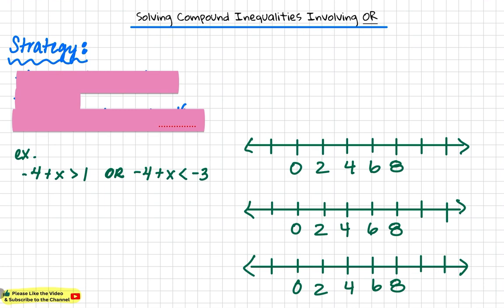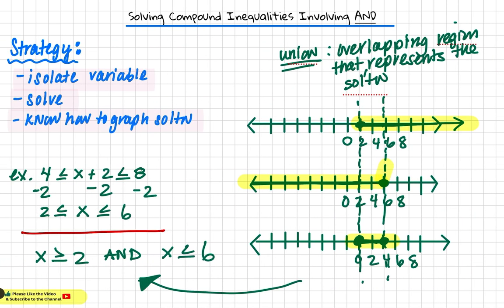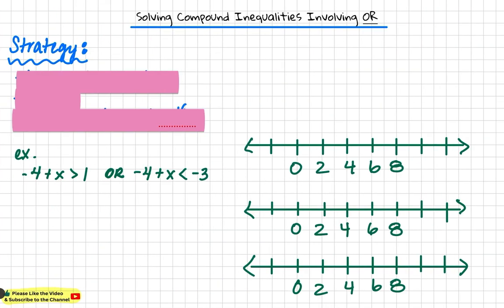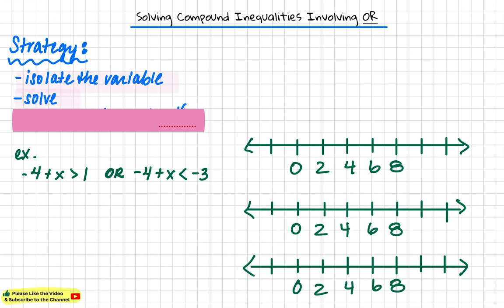This one is going to be solving compound inequalities involving "or." The first one we talked about was "and," and this is "or." Same strategy: we're going to isolate the variable, solve, and then graph. Know how to graph the solution. We have an example of -4 plus x is greater than 1, or -4 plus x is less than 3. Isolate the variable.